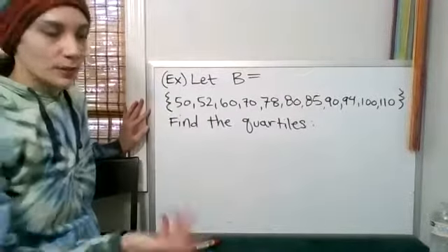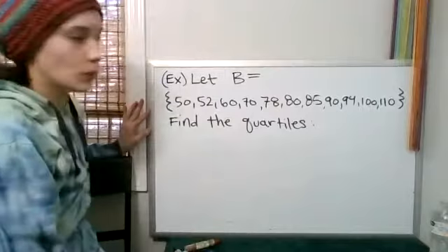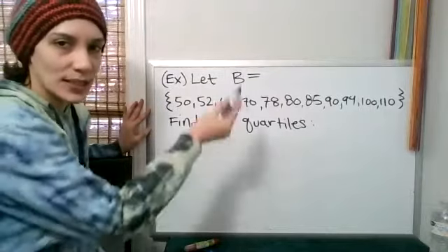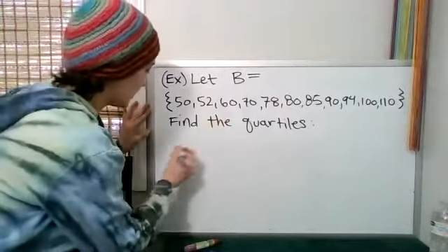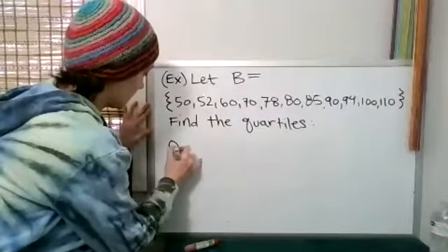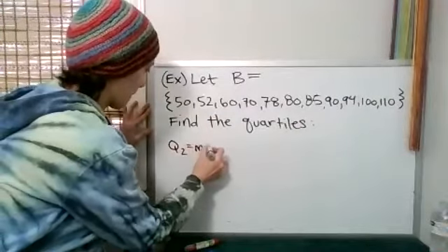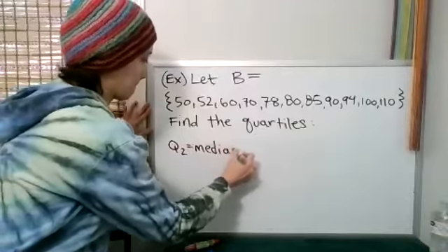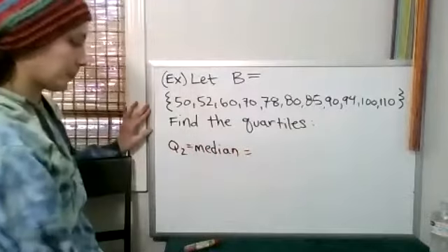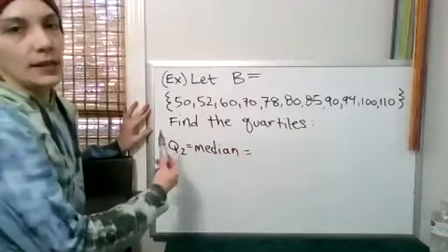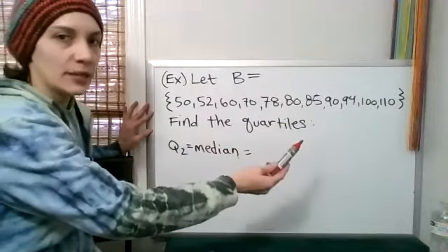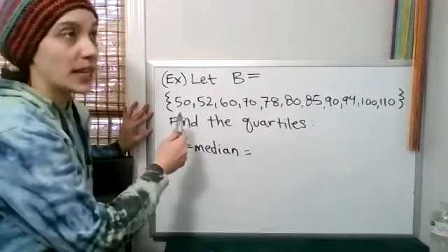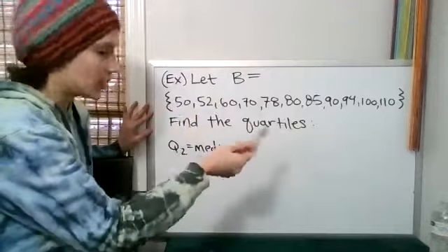I would start with Q2. Whatever problem you're working on, it kind of helps to get that middle part, the median. We have everything in increasing order, so start from the edges and get towards the middle.